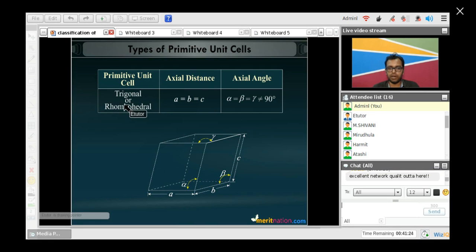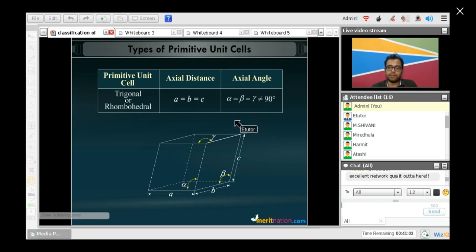So let's go ahead. Now trigonal or rhombohedral unit cell is there. In case of trigonal or rhombohedral unit cell, all the sides are equal, and all the angles are equal to each other but not equal to 90 degree, right?